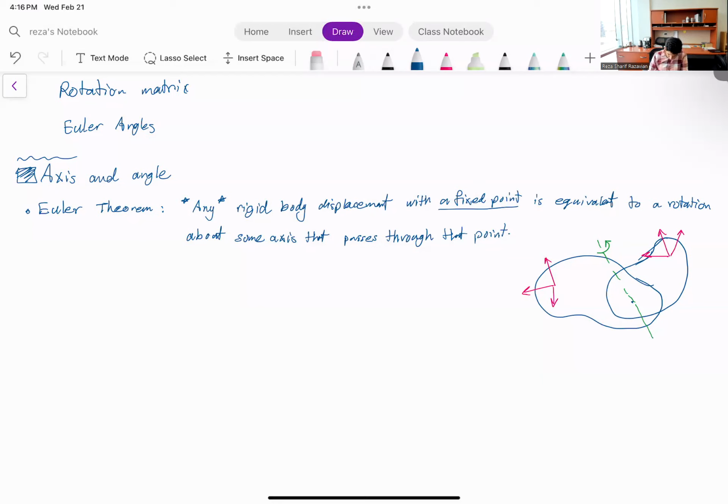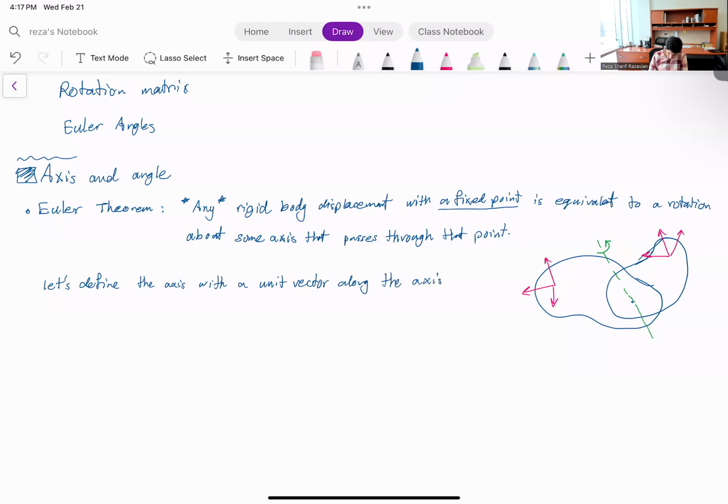So let's define the axis. The axis, with a unit vector along the axis.